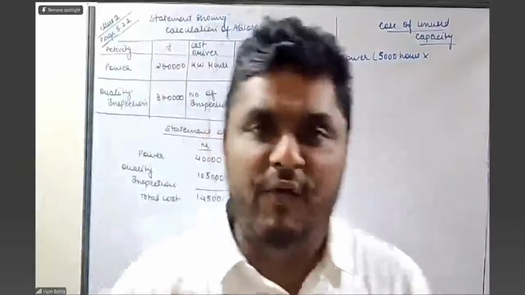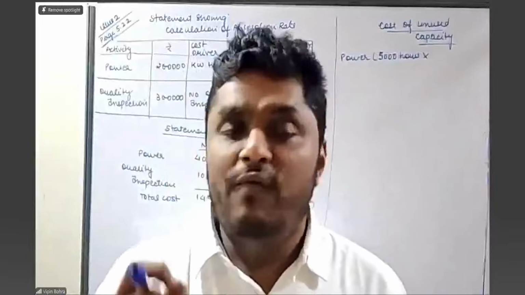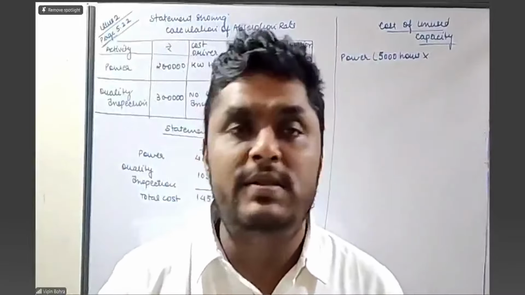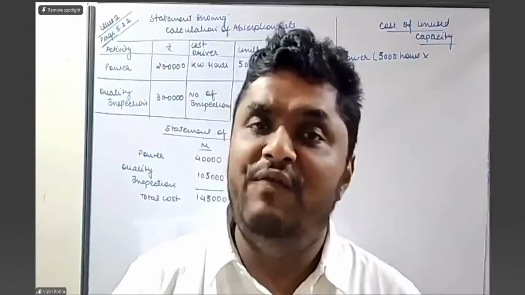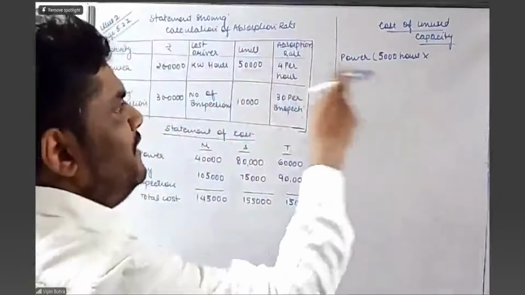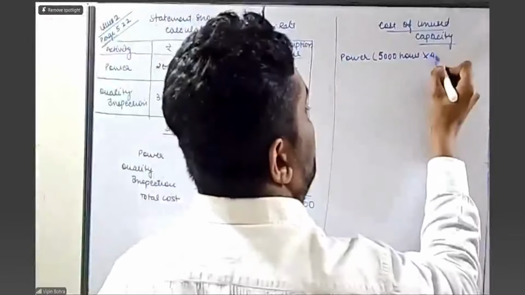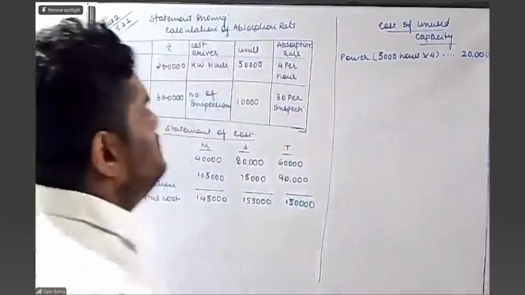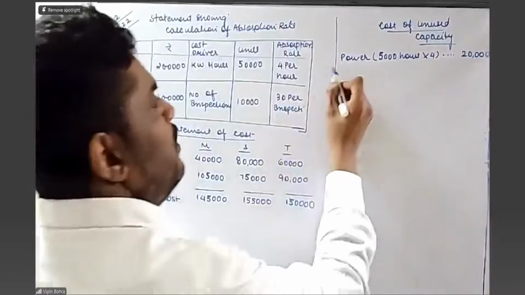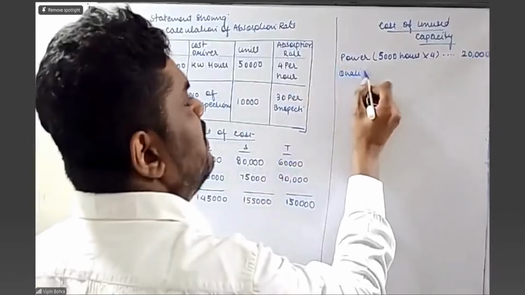Because total we have 50,000 hours, of which 45,000 hours were consumed in manufacturing M, S, and T. So still we are left out with 5,000 hours. So 5,000 hours into 4, so 20,000.